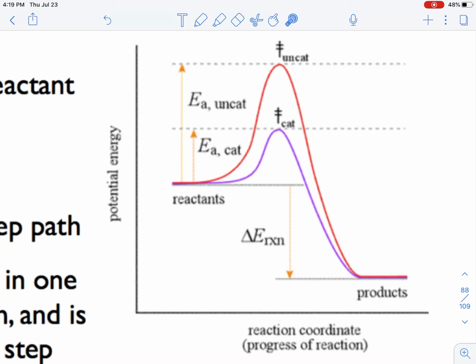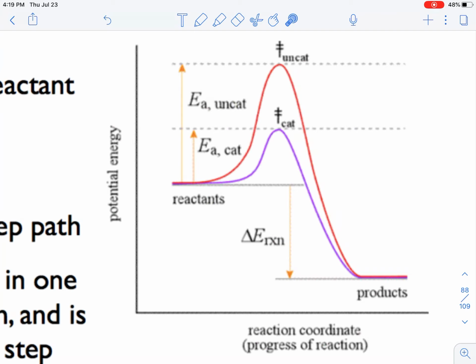The alternate pathway that the catalyst provides is basically a lowering of the activation energy. And so by lowering the activation energy, there's going to be a higher probability, a higher fraction of those reactant particles, that will have enough kinetic energy to overcome this activation barrier.